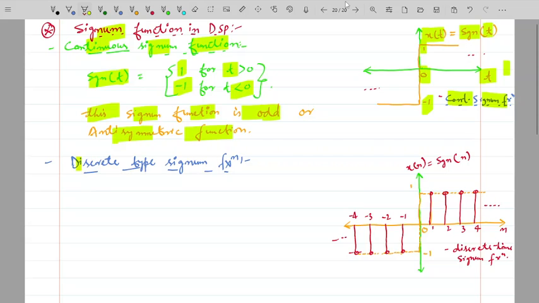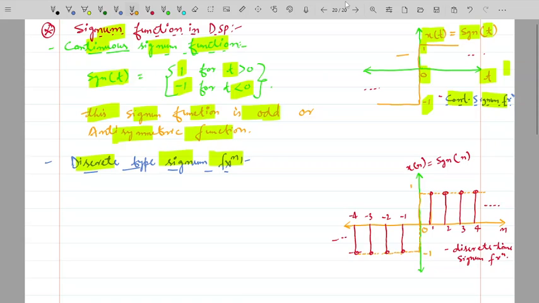Let's move to the discrete time signum function. The discrete time signum function is also the same as the continuous time signum function. Here this is the continuous signum function, and this one is the discrete time signum function.